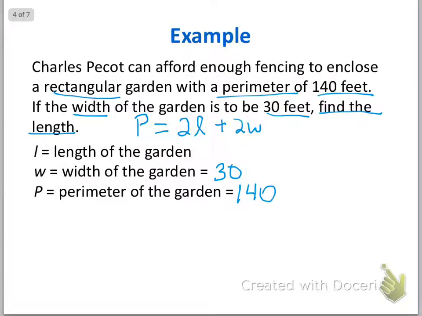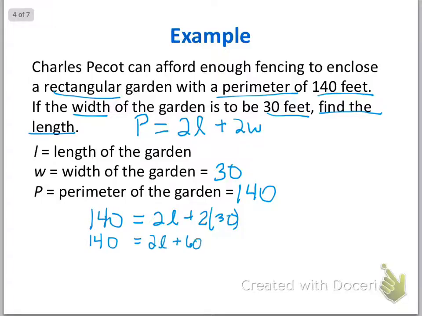So what I need to do now is plug in what I know. 140 equals 2L plus 2 times 30. And now all I have to do is simplify and solve. I want to make sure both sides of my equation are simplified. So I'm doing 2 times 30, which gives me 60.